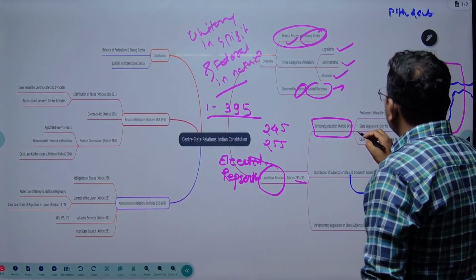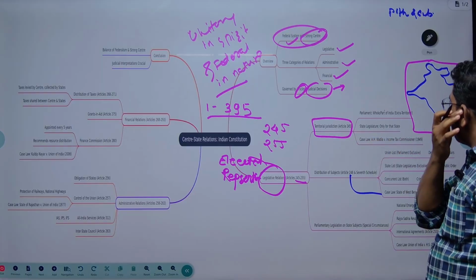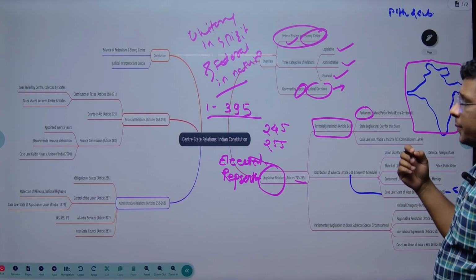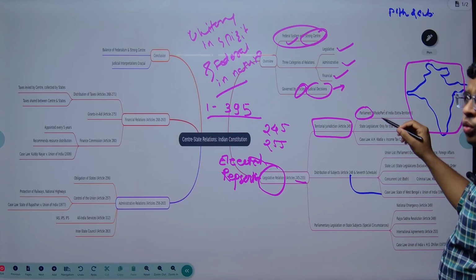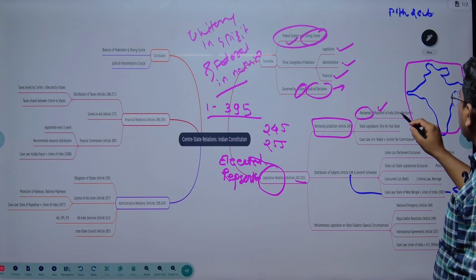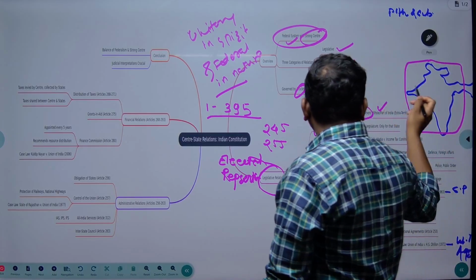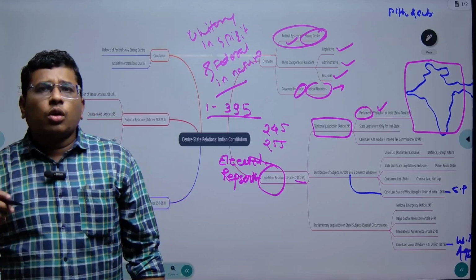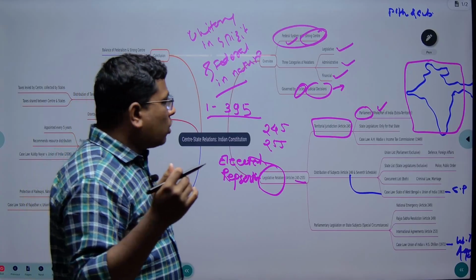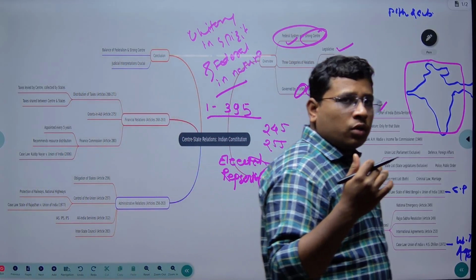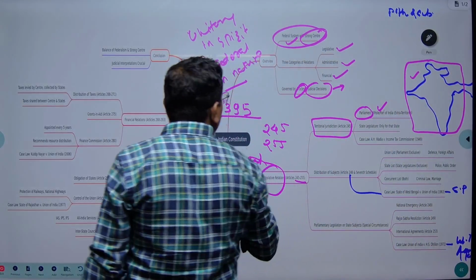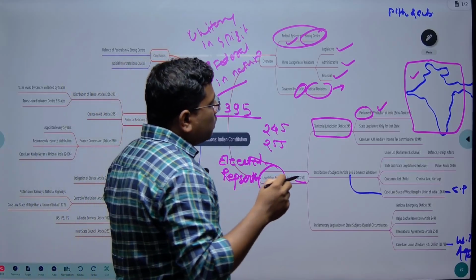Territorial jurisdiction under Article 245 says that the parliament, that is the union, has a right to make laws on the whole of India, right? So that is called extraterritorial. It means the parliament can make laws not only in India but on properties or Indian interests across the world.